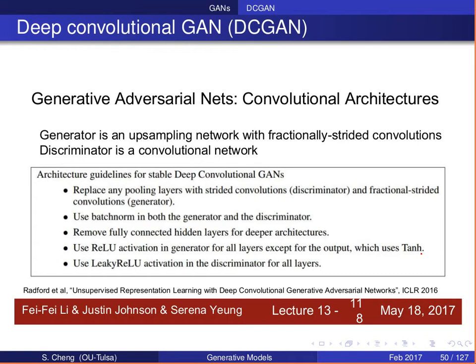And now let me talk a little bit about this, not exactly an extension, but just an application, in particular combining GANs with ConvNets. There's a work called DCGAN by Radford in 2016.